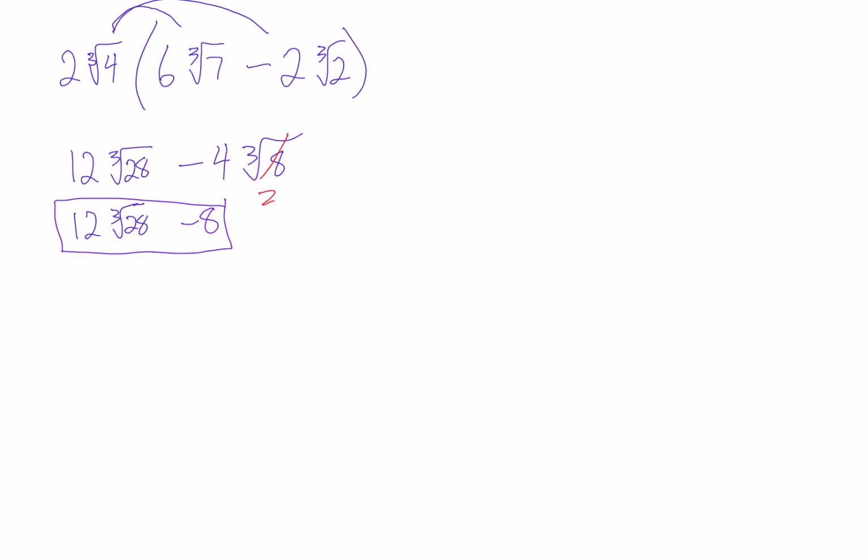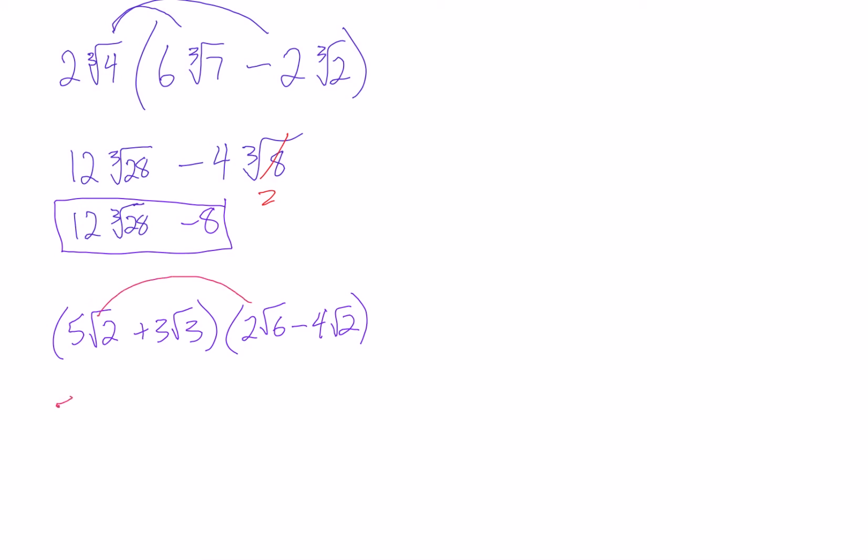Okay, let's do one more a little bit harder. So if I give you 2 sets of brackets being multiplied, something like that. So just remember, when you're multiplying these, you need to FOIL out all 4 combinations. So you've got to multiply those 2.